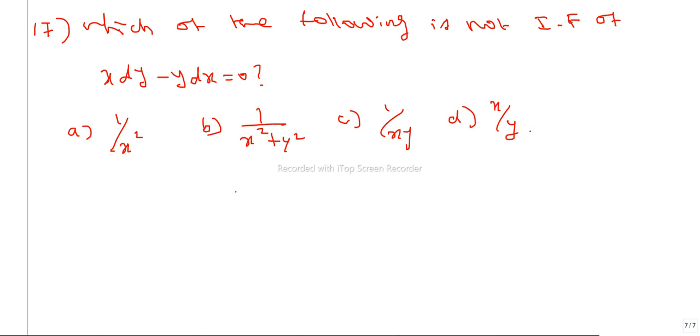Actually we can multiply by y square, we can rewrite it as integrating y by x, right? If you multiply with x square... So how to find that one? Look at the first one. We have to multiply the options and check if the equation is exact or not, sir.